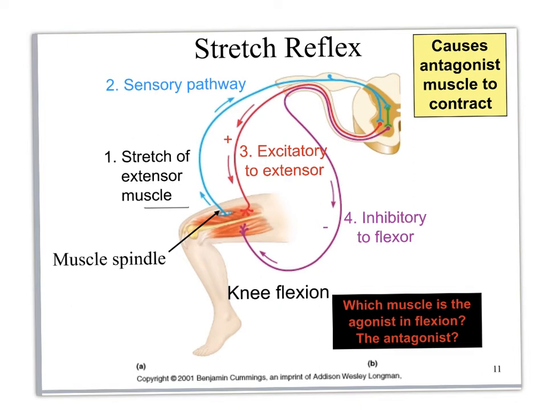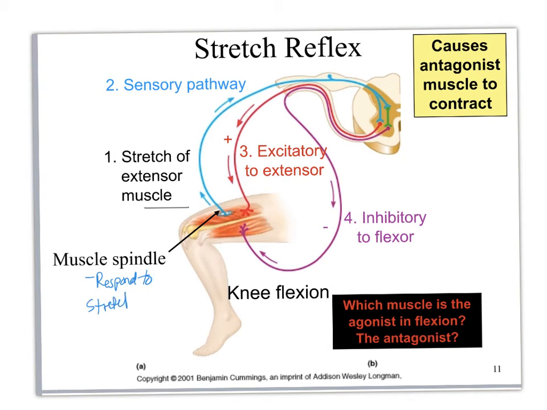Okay, you see right here? And we're going to do knee flexion, which means this hamstring muscle is contracting and the quadriceps muscle is stretching. So I have right here a muscle spindle embedded in the belly of the quadriceps. And remember, muscle spindles respond to stretch.